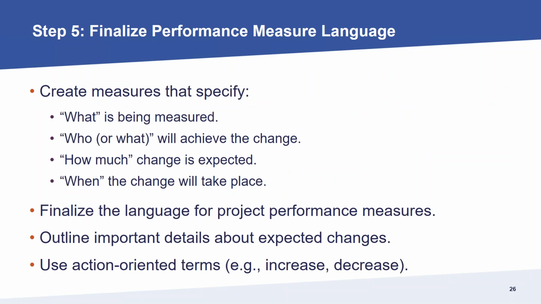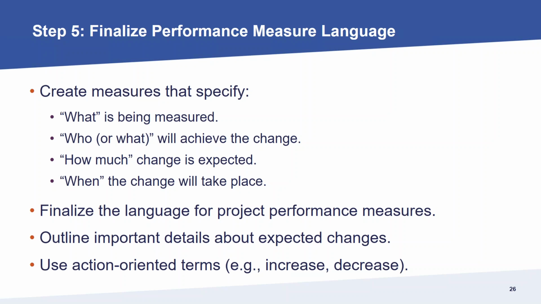Step 5 is finalize performance measure language. In this step, you'll create and finalize the language for your project performance measures. As you recall, in step 1, you answered a series of questions to help you identify the most important things to measure. Now you'll revisit those questions to ensure that you have the specificity needed to create useful measures.